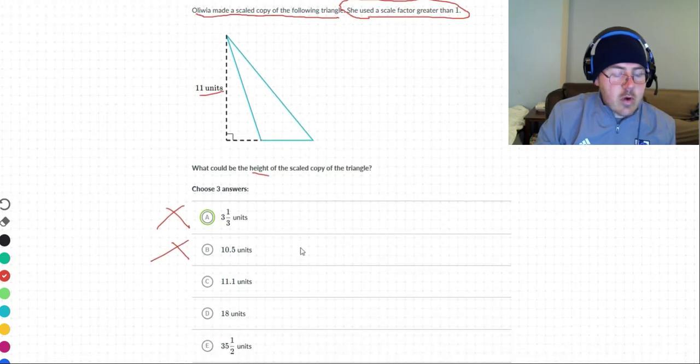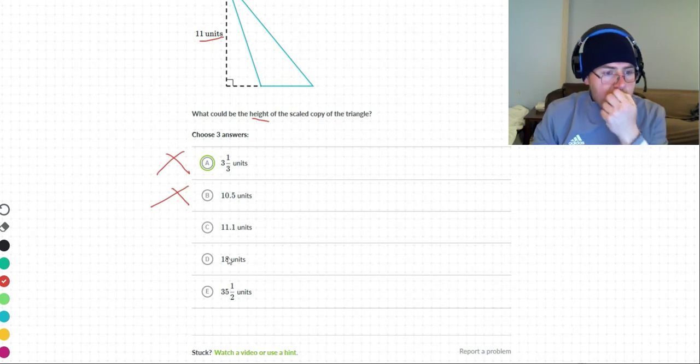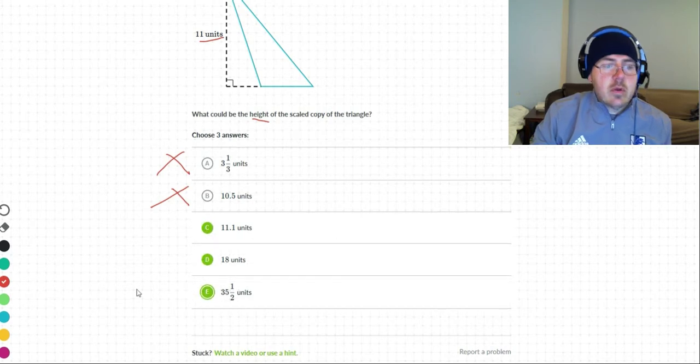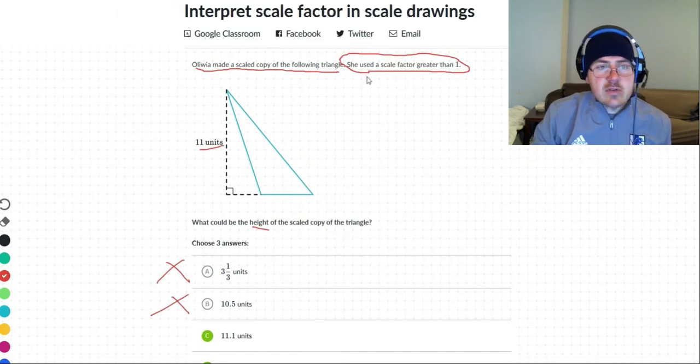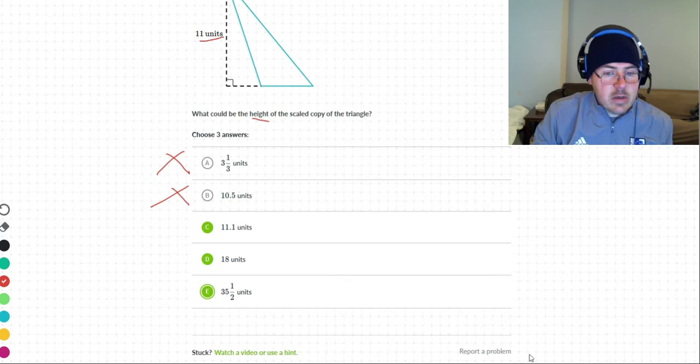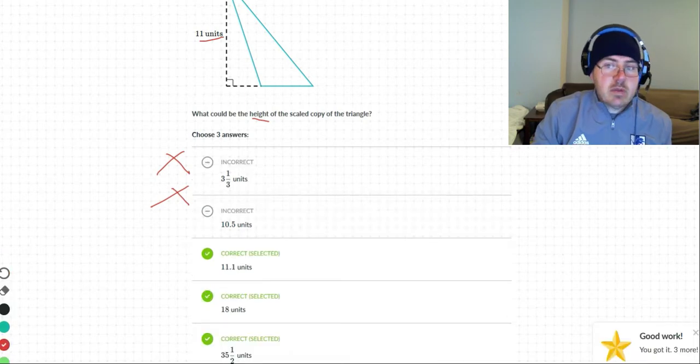Choose 3 answers. There's more down there. Bigger than 11 would include this one, and this one. The reason I know those are the answers is because it says use a scale factor that's greater than 1. So 11 times something that's greater than 1 could be one of these 3. Sweet.